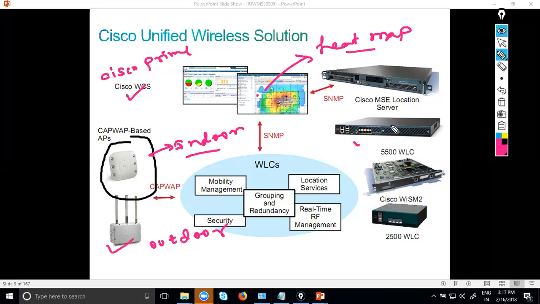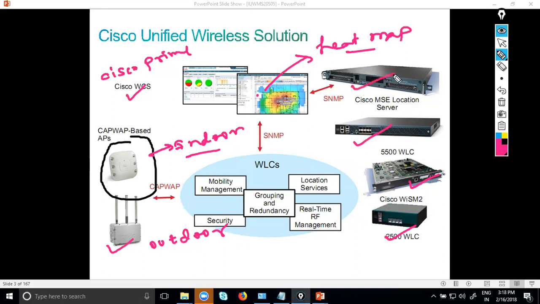You have a dedicated enterprise-level 5500 series wireless LAN controller. We have the WiSM2, a wireless controller card which can be inserted in a 6500 chassis as a module. And we have another, smaller enterprise model, the Cisco 2500 series; the 2504 is the specific model we use.